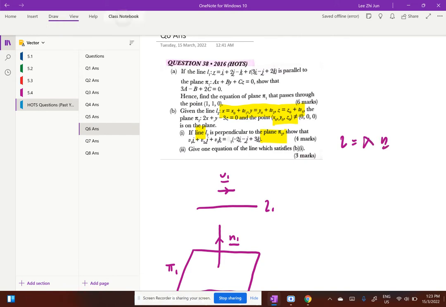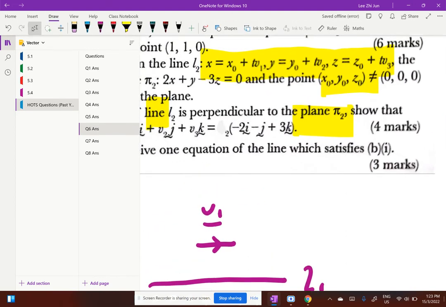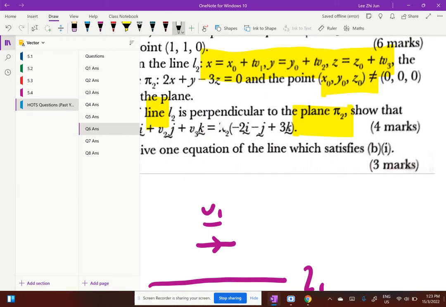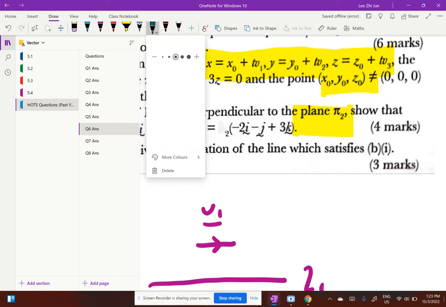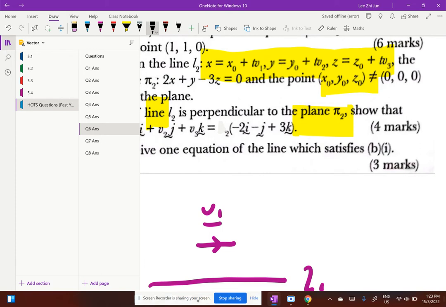So show this equation comes out. For this, the question gives lambda 2. Let me change it to vector v2, easier to do it.